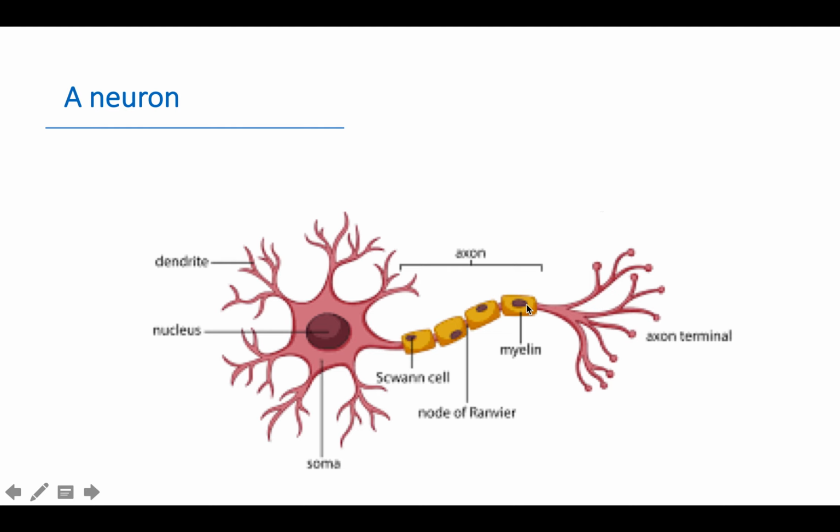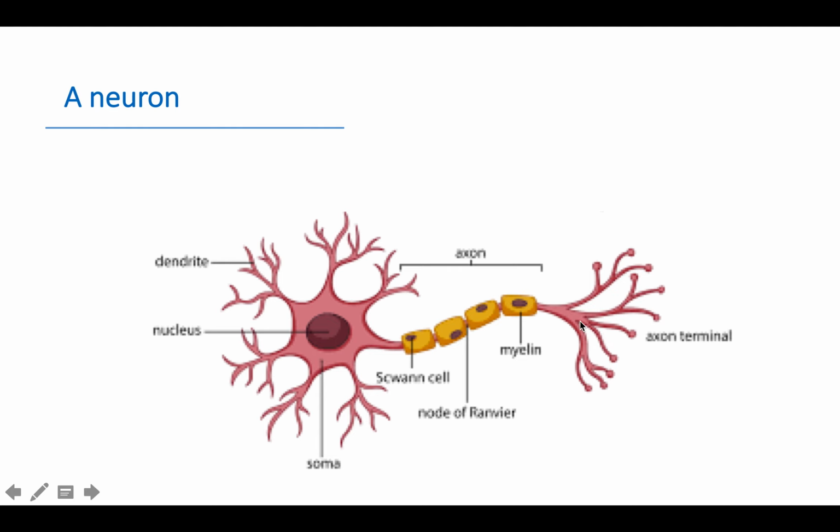A thin myelin sheath is present around this axon. This myelin sheath helps to resist the conduction of these messages in the surrounding and increases the efficiency of conduction.